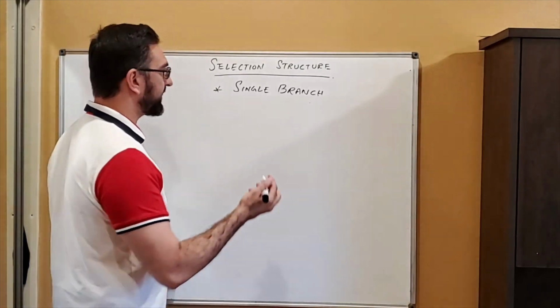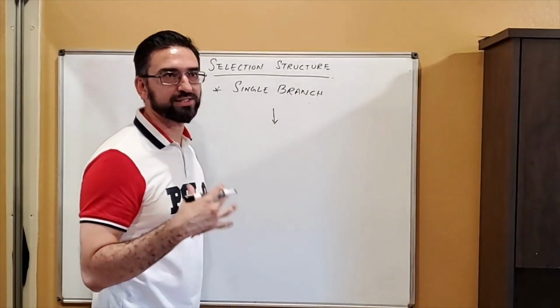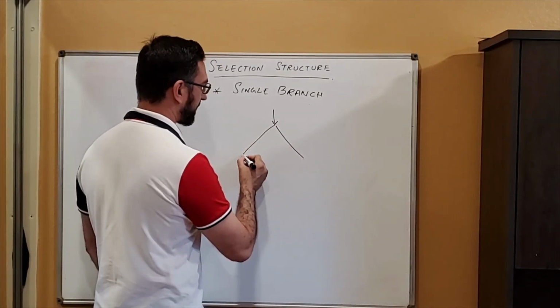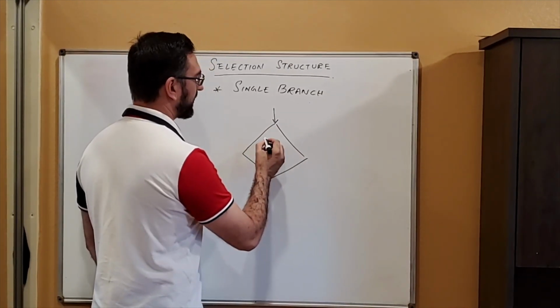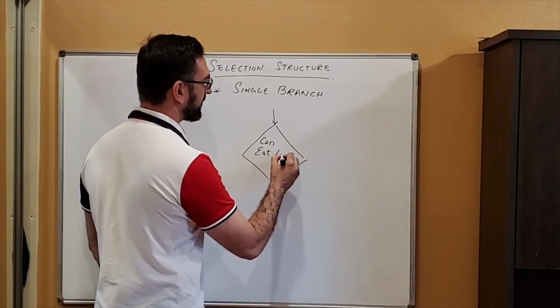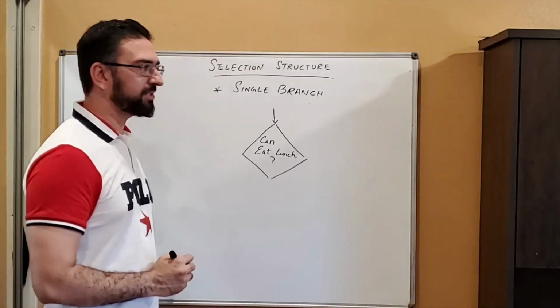What I mean is, let's suppose today I'm fasting, so I can skip my lunch. So you have to make a decision. Can I eat lunch, right? So this is a decision point.